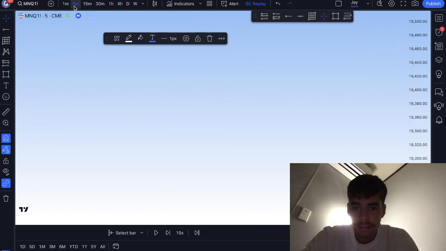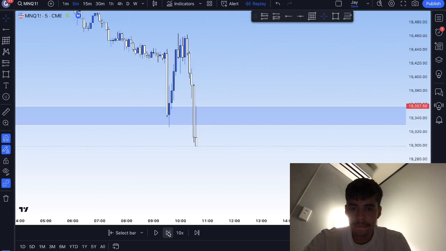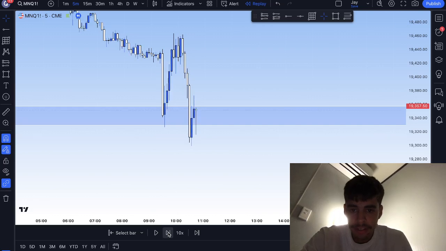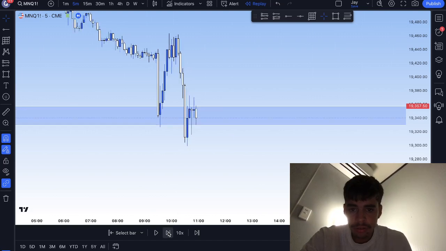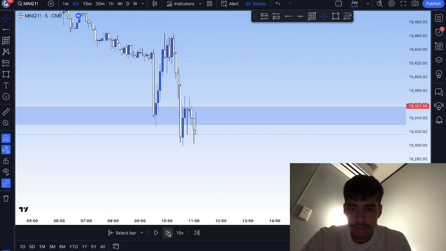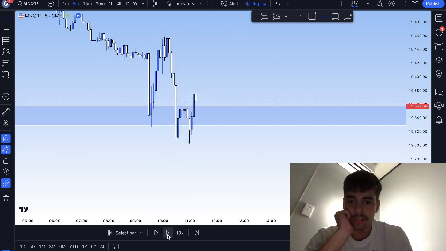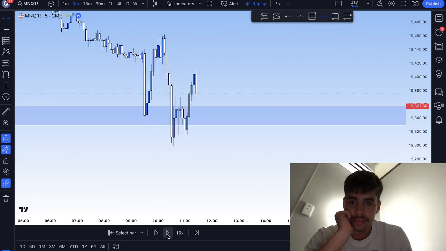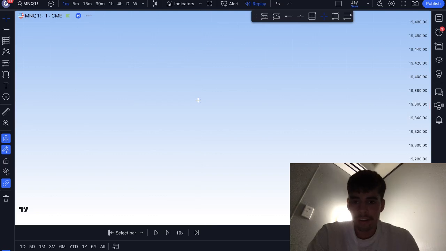So let's go back to that. Now we want to see a 5-minute inverse, or break of structure, which we get right here. Okay, and now we need a 5-minute retracement candle, which we get right here, and visit a 5-minute fair value gap.